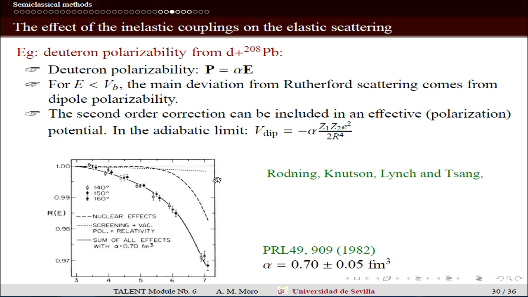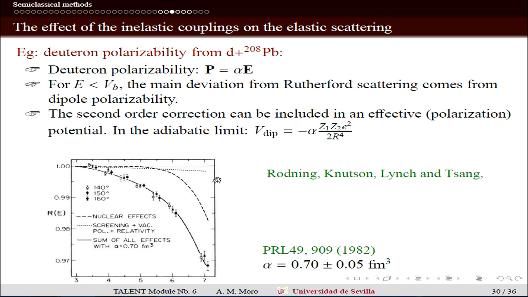This is as a function of the incident energy of the deuteron: 3 MeV, 4 MeV. The Coulomb barrier for the deuteron-lead system is something around 11 MeV, so all these energies are well below the Coulomb barrier. These numbers show the departure from Rutherford scattering, and they are actually very close to 1. So at 3, 4 MeV, we have essentially Rutherford scattering.